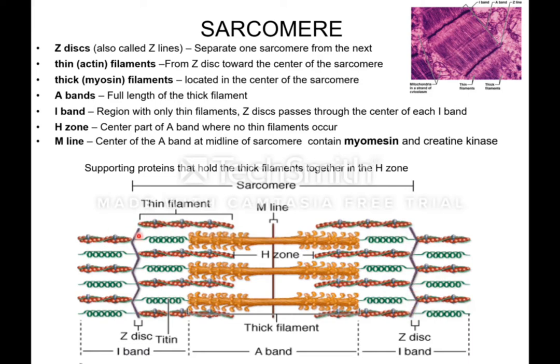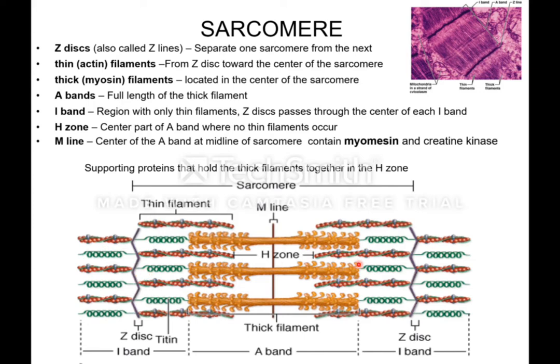In each skeletal muscle fiber there are repeats of them, maybe around 1 million sarcomeres in just one cell or fiber. The Z disc, also named Z line, separates one sarcomere from the next and limits each sarcomere.